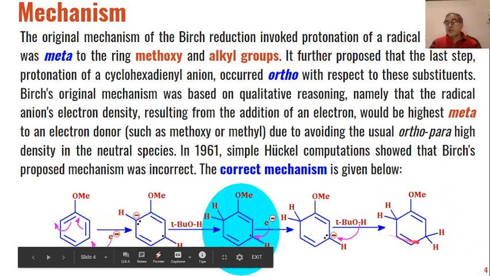And this is how we will get the cyclohexadiene products from the Birch reduction of this anisole moiety.